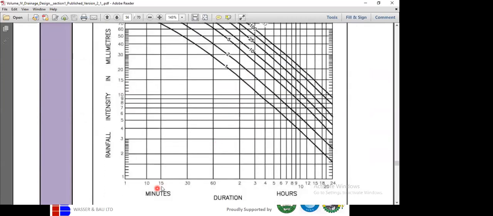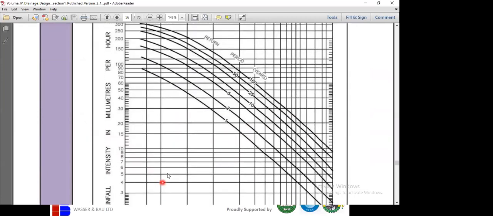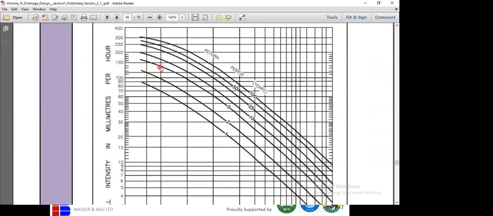Maiduguri, for a 15 minutes rain and for 5 years return period, that is about 130, and so on and so forth.